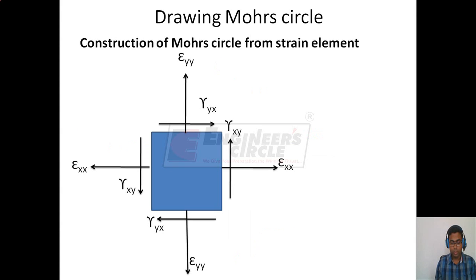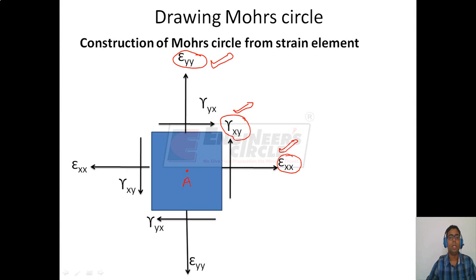At point A, strains are given along two perpendicular directions, that is, along horizontal direction epsilon xx, along vertical direction epsilon yy, and the shear strain between these two perpendicular lines is gamma xy. Using these three given values, we can draw Mohr's circle. The steps to be followed for drawing the Mohr's circle from these three given strain values are as follows.